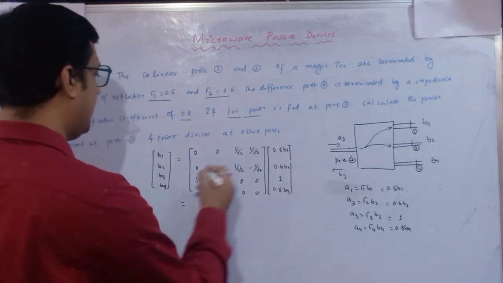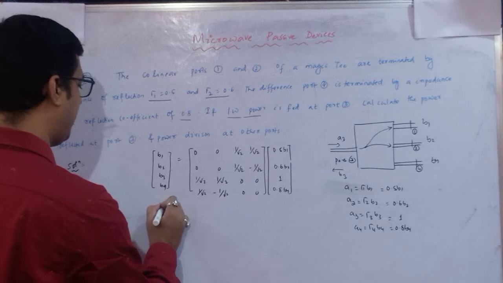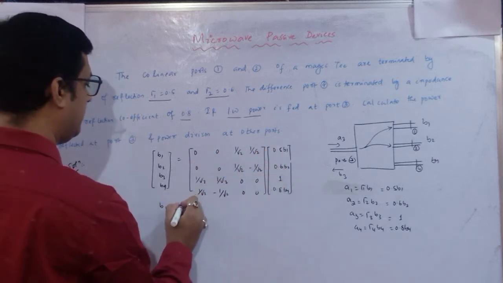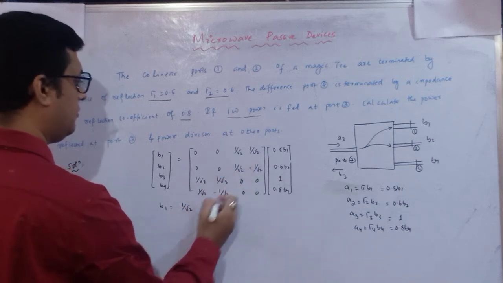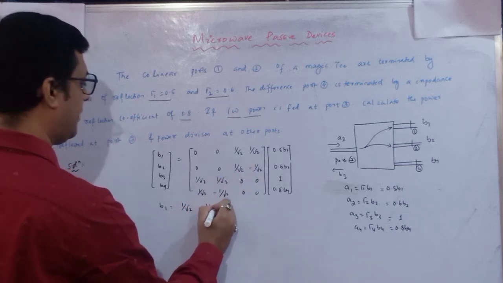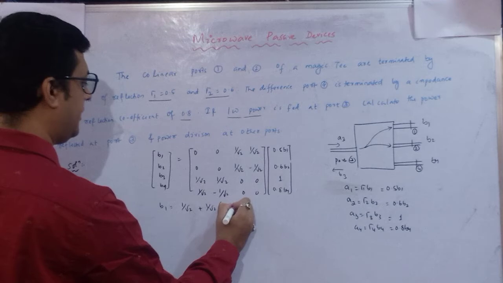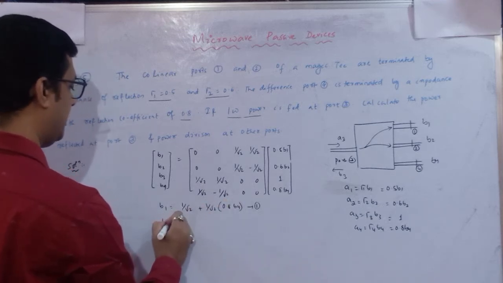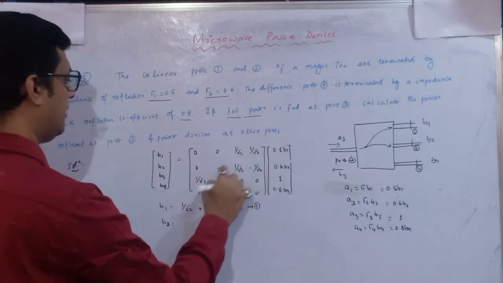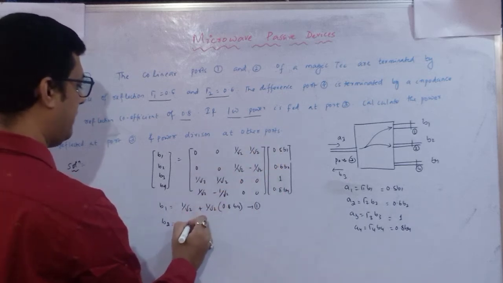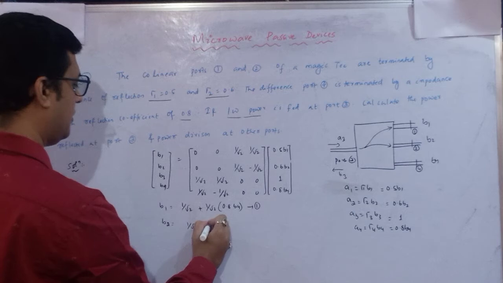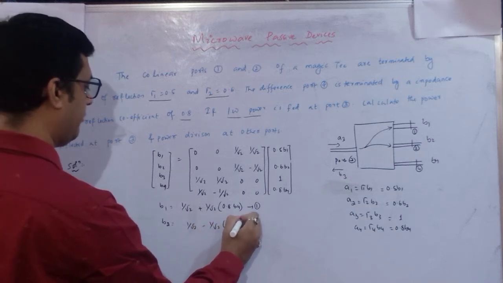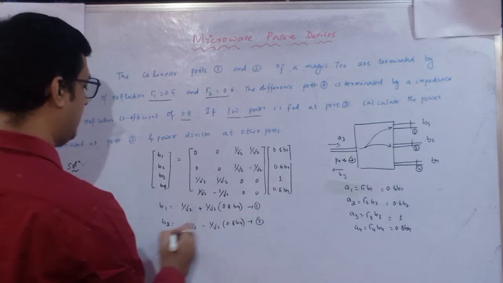Okay. How? Let's see. So first equation, B1: 0 into this 0, 0 into this 0, we will have 1 by root 2 plus 1 by root 2 times 0.8 B4, equation 1. Similarly, B2: 0 into this 0, 0 into this 0, we will have 1 by root 2 minus 1 by root 2 times 0.8 B4. Okay, this is equation 2.